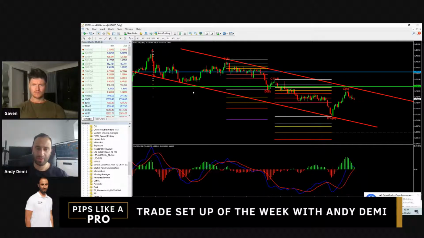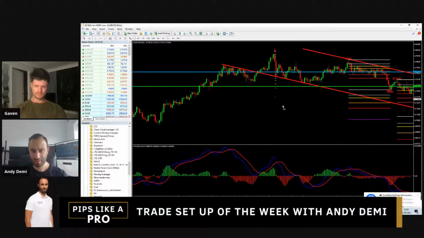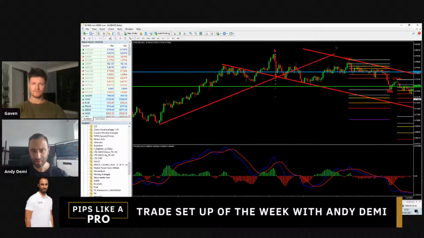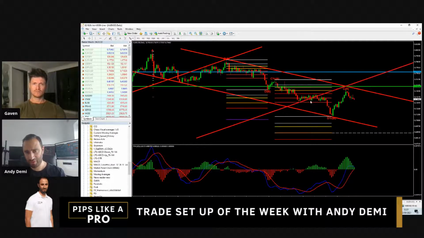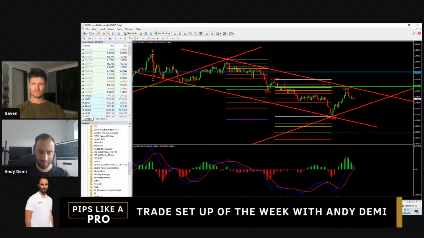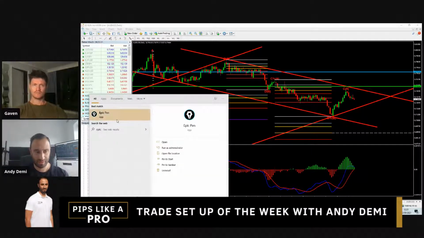What you can do is wait for a counter trend break. So we could take something like this, and we could use that there. One of the ways to play this, a safer way, is like this. If I get the pen out, I'll tell you what you can do.